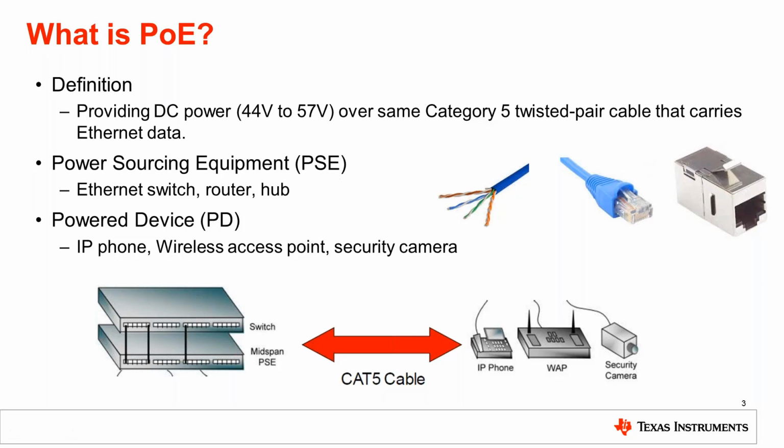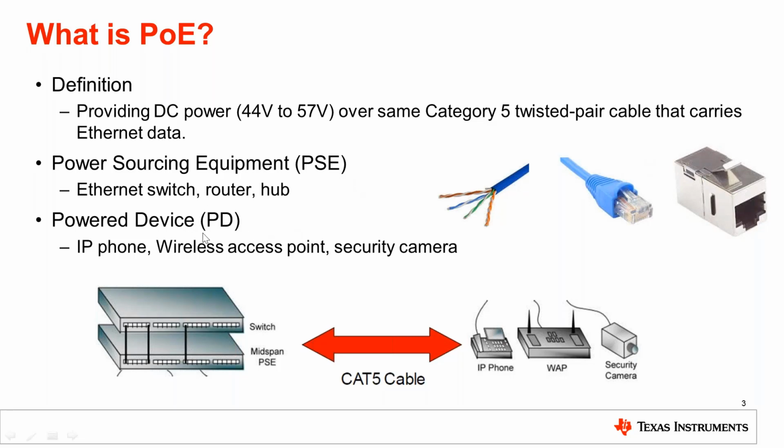At TI, we design PSE ICs that negotiate with the load. There's a handshake that happens to determine how much power needs to be sent to the load, and then that power is allocated and sent across the cable. So you'll hear me refer to the sourcing side as the PSE side of the cable.